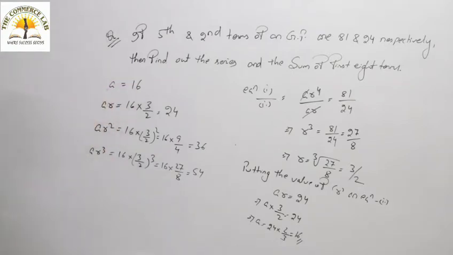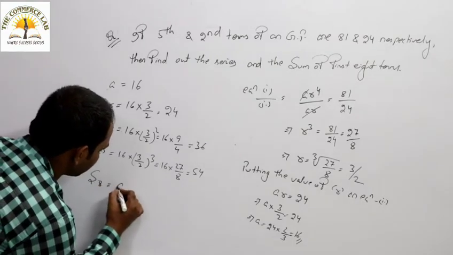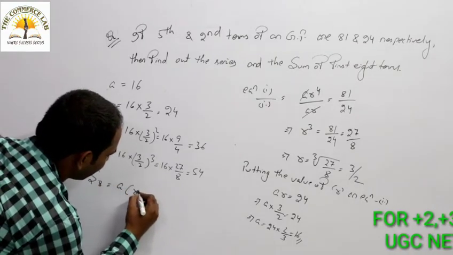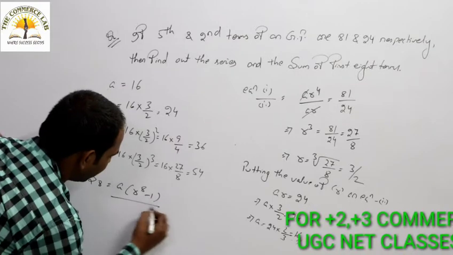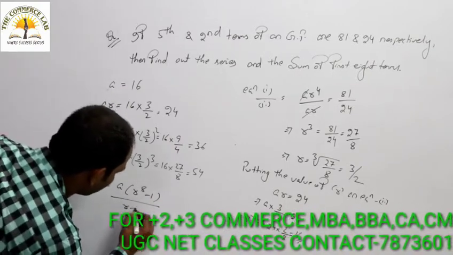Then what were we asked? Find out the sum of the first 8 terms. The sum of n terms is A into R to the power n minus 1 by R minus 1.